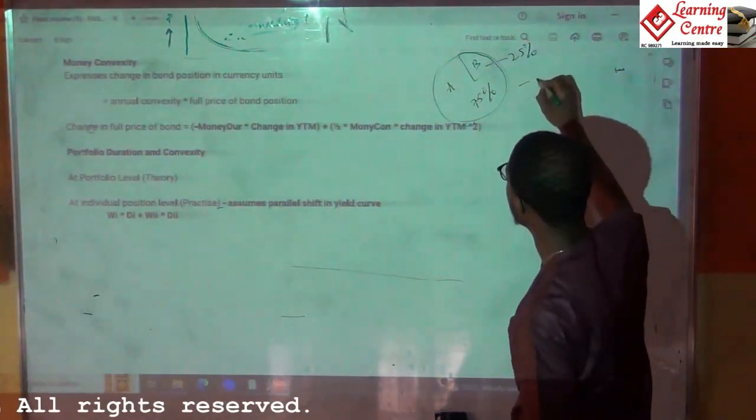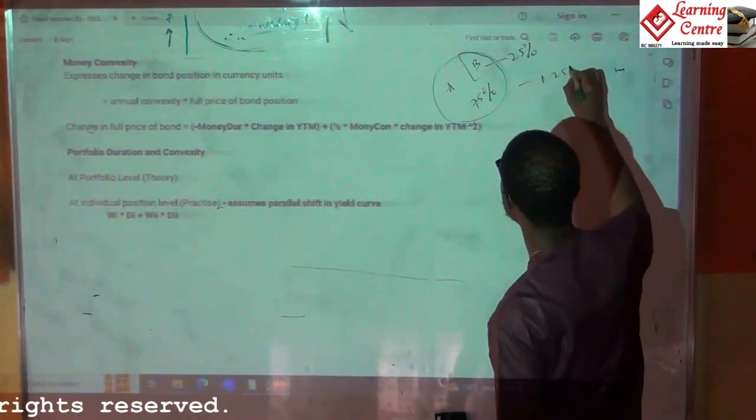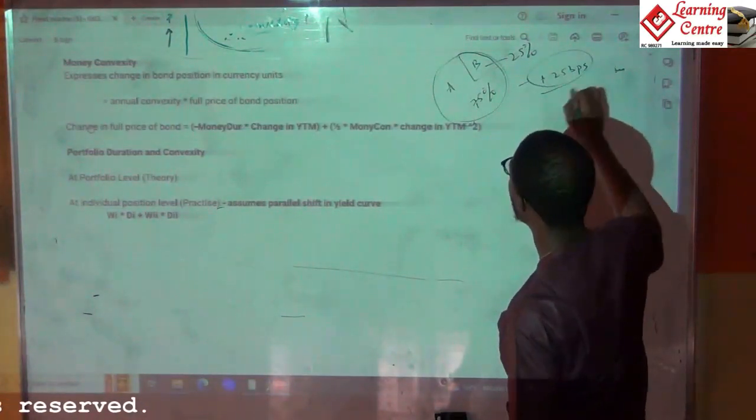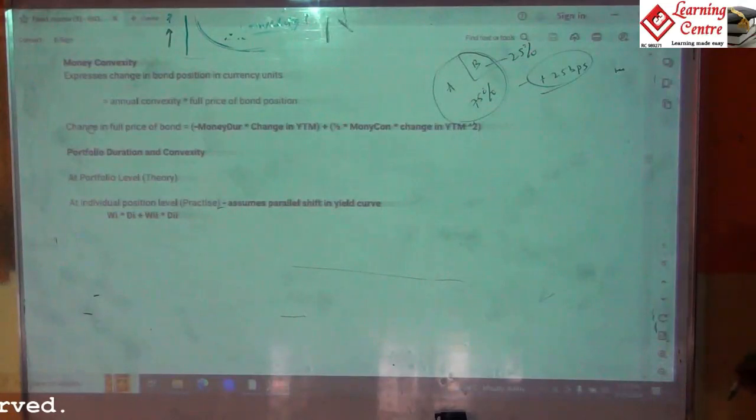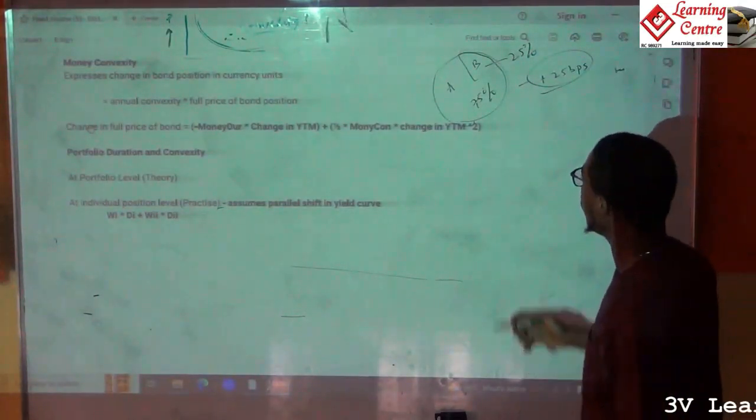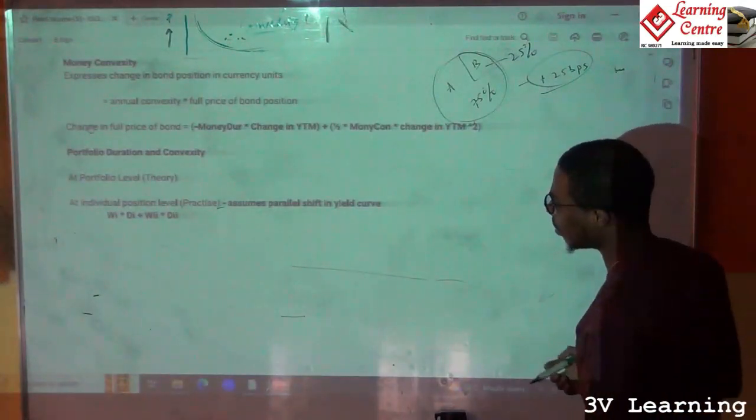And I know that the yield curve has gone up by 25 basis points. What's the overall impact? By how much will my whole bond portfolio go down? This is the dollar amount it comes down.